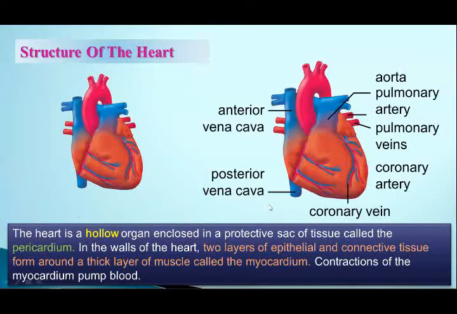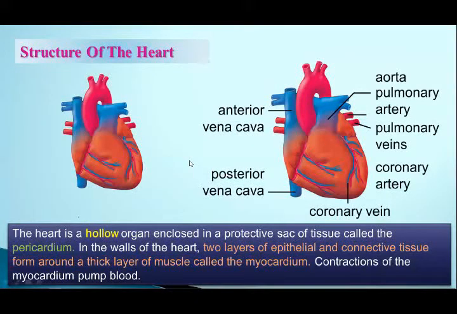Contractions of the myocardium result in pumping of the heart. So the pumping of blood from the heart is due to this myocardium. Please remember, the myocardium is a very important structure and plays a very significant role in the contraction activity of the heart.